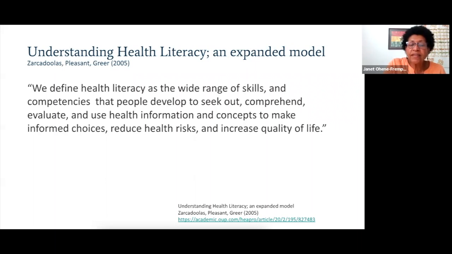They said, we define health literacy as the wide range of skills and competencies that people develop to seek out, comprehend, evaluate, and use health information and concepts to make informed choices, reduce health risks, and increase the quality of life. We're basically all trying to stay alive, at least most of us are, and as well as possible.